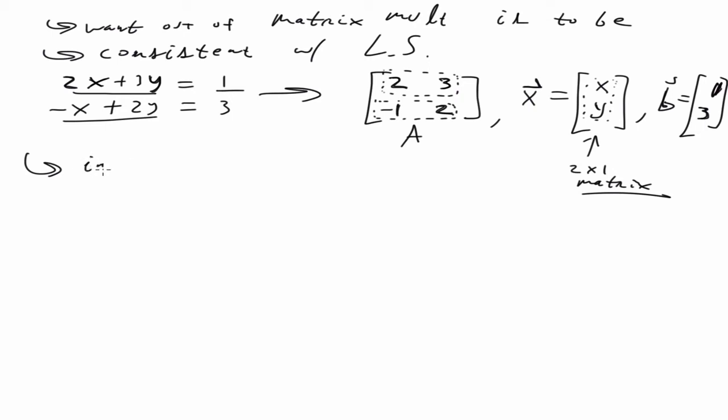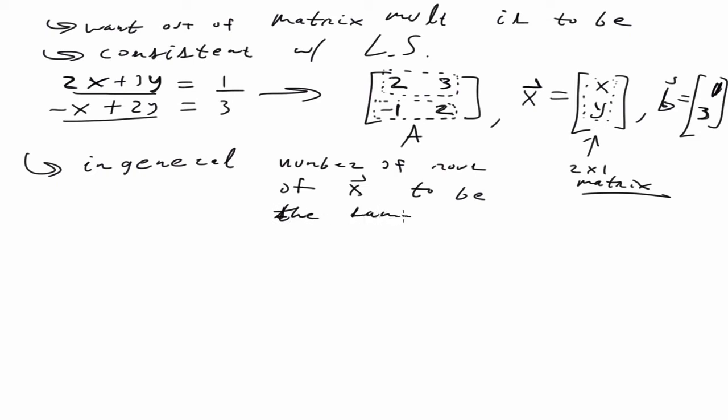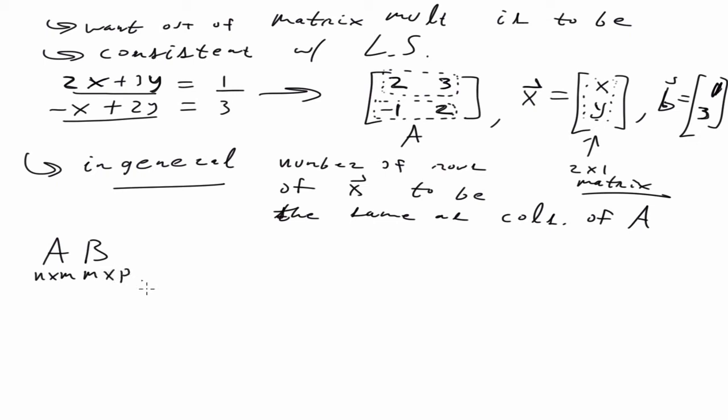So in general, we require the number of rows of x to be the same as columns of A. All right, and so also in general, if I have A and B, what I need actually is, if this is n by m, I require that, again, the number of rows in B has to be the same as the number of columns.